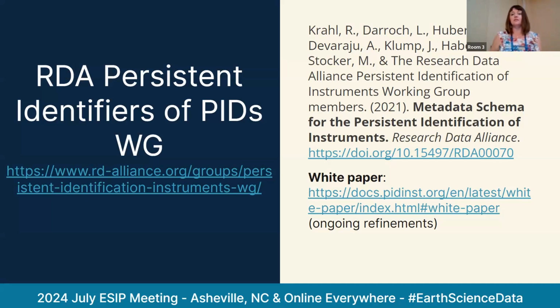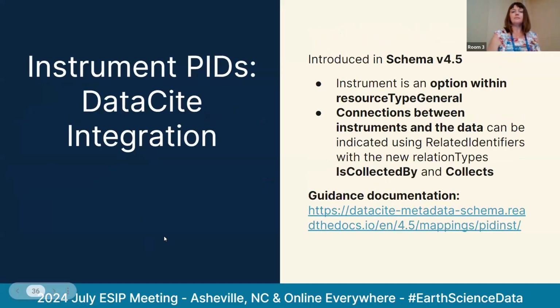They also have an ongoing white paper that they are still modifying online with ongoing developments as their group realizes or has new suggestions for guidance. So that's another place you can go for more information. And then, as we saw, that is introduced into schema version 4.5.